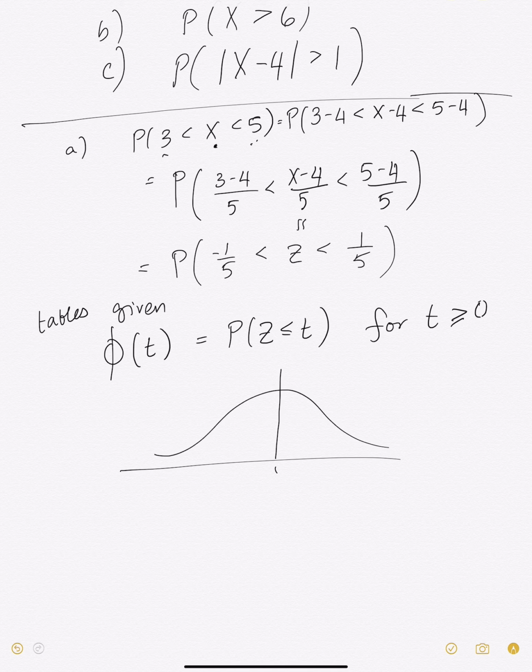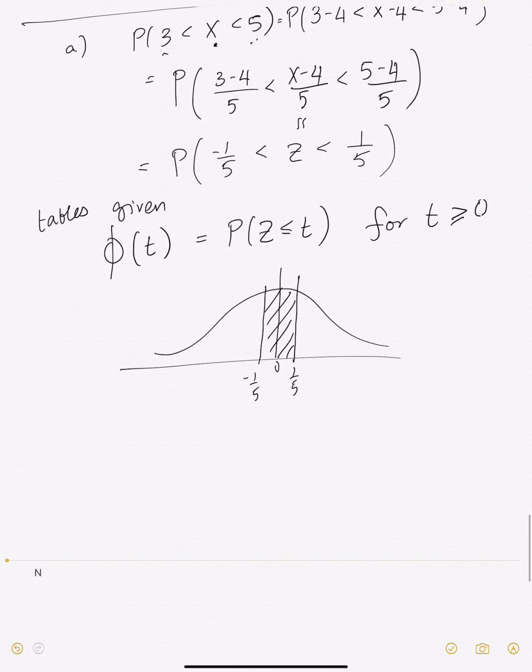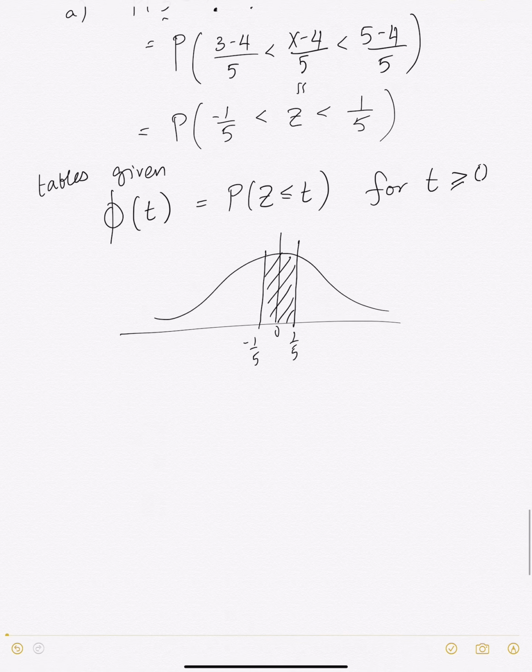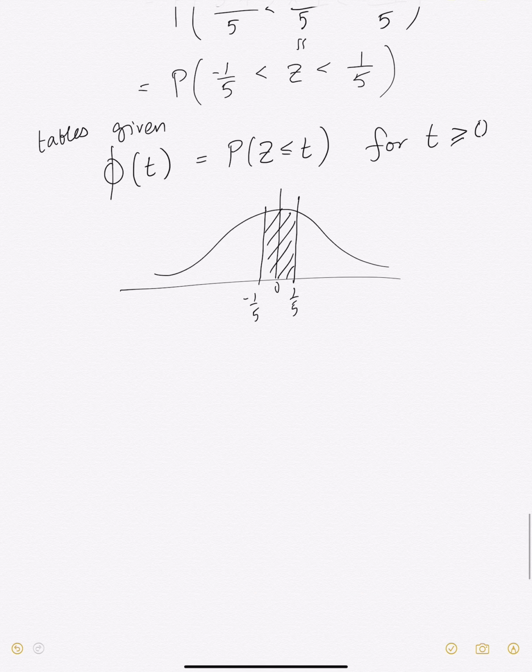You have 0 over here, this is 1/5, and this is negative 1/5. What we want is this area. How would you calculate that area? You could do it in multiple different ways; I'm just going to do it in this one way. The table will give you phi of 1 over 5, the probability that Z is less than or equal to 1 over 5.